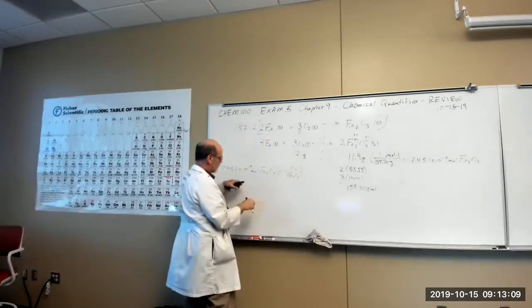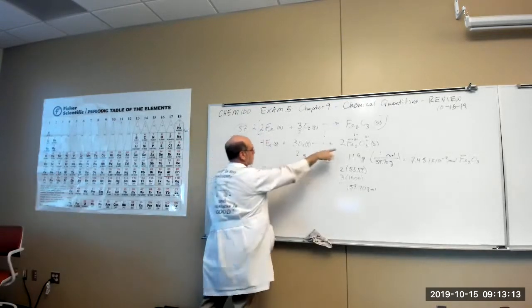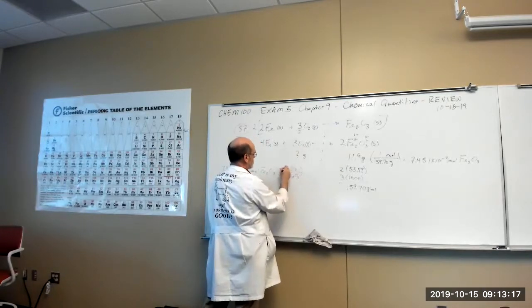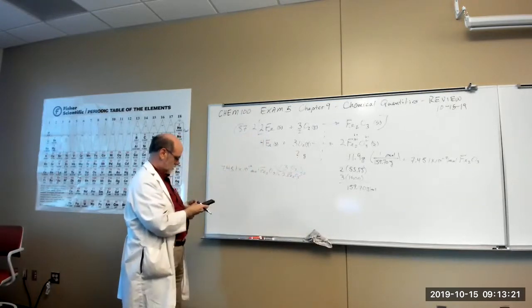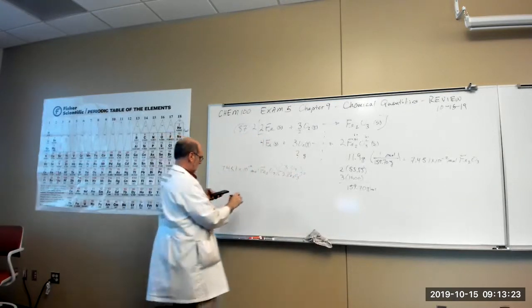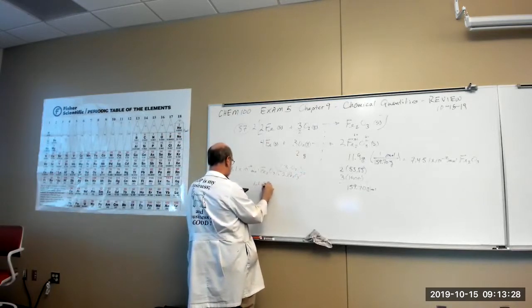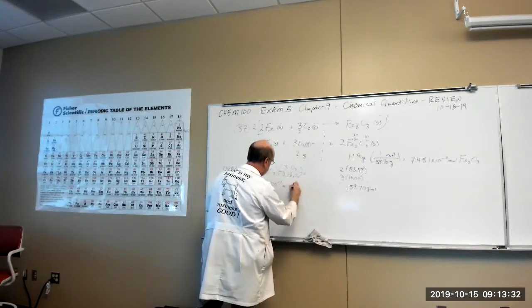So our conversion would be from rust, which is 2, to 3 oxygens, would give us 3 times 2 divided, would give us 1.118 times 10 to the minus 1 moles of oxygen.